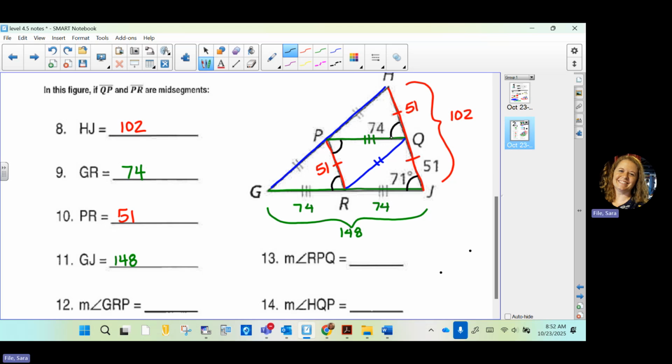All of those are the 71-degree angles. Let's see if they asked about any of those. So this one, GRP. G to R to P. Yep, that's where we have one of those arcs. So that is 71.